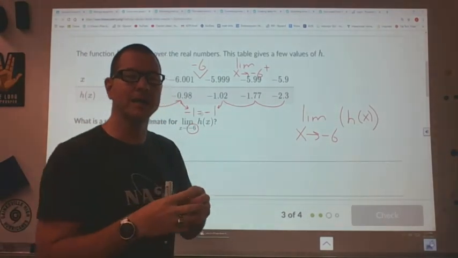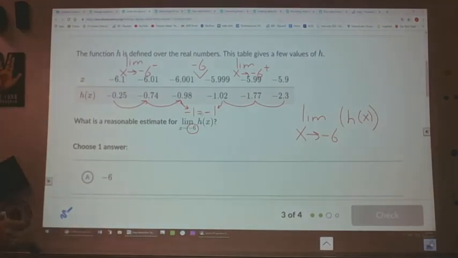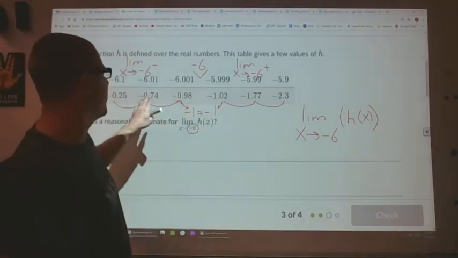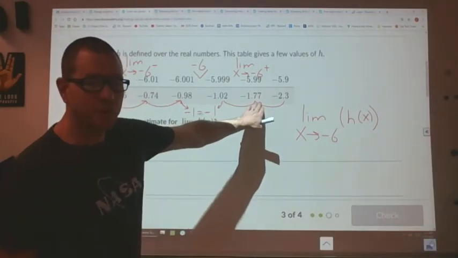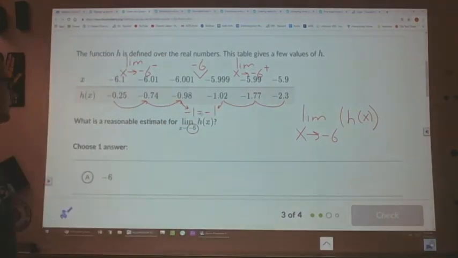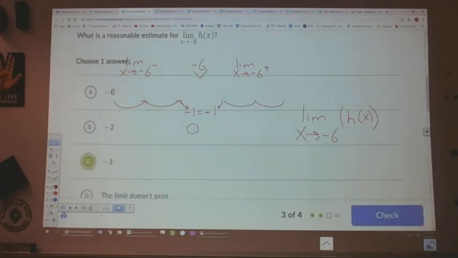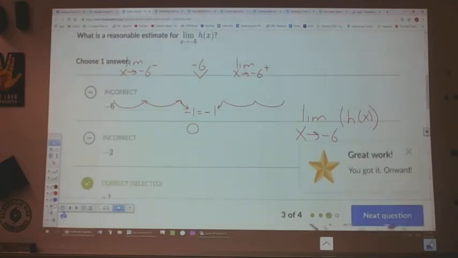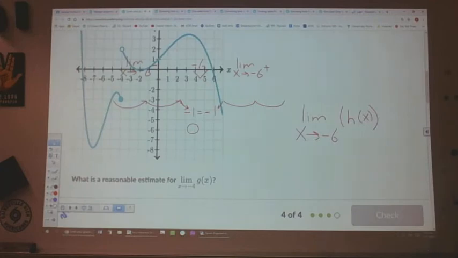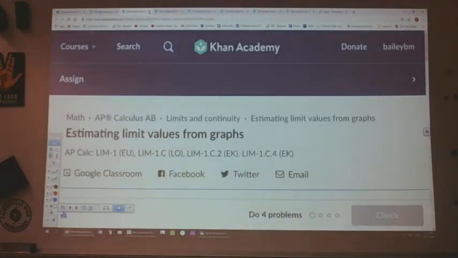That's my limit right in the middle. So a reasonable estimate for that limit would be the value that both sides are approaching, in this case -1. Let's see if that's an answer choice. -1, C would be my answer. That's what I think it's going to do at that middle one. And this is the same. So let's move on to the next.